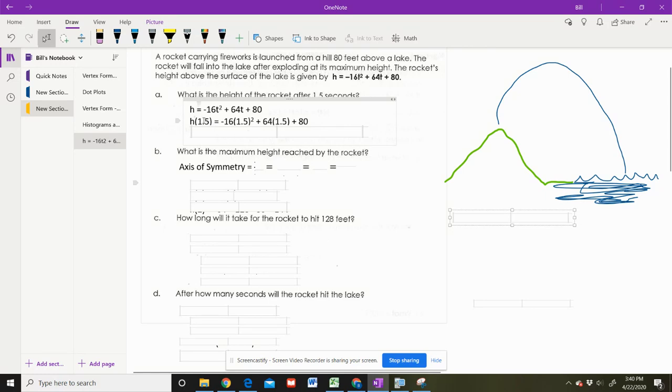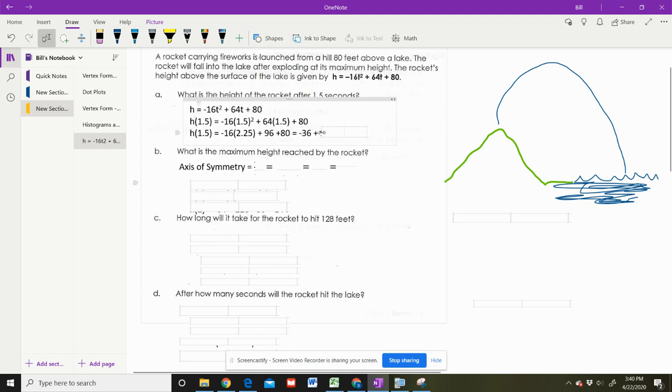Okay, so at 1.5, we plug it in. We get negative 16 times 1.5 squared plus 64 times 1.5 plus 80. So when we do that, 1.5 squared is 2.25. So we have negative 16 times 2.25 plus 96, right? 64 times 1.5 is 96, plus 80.